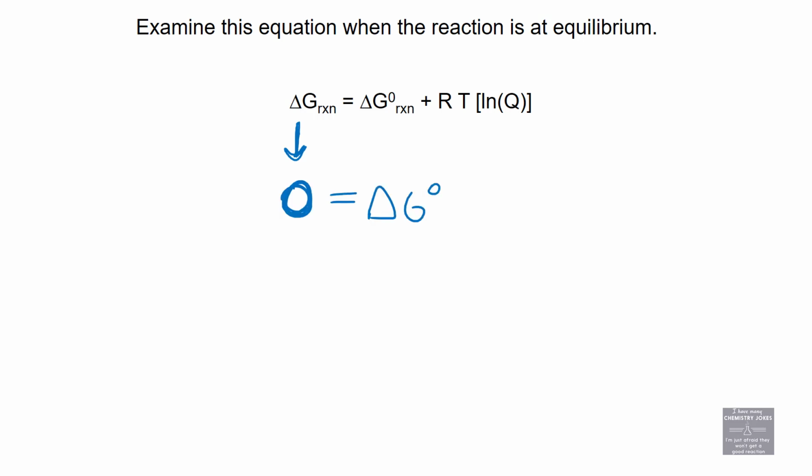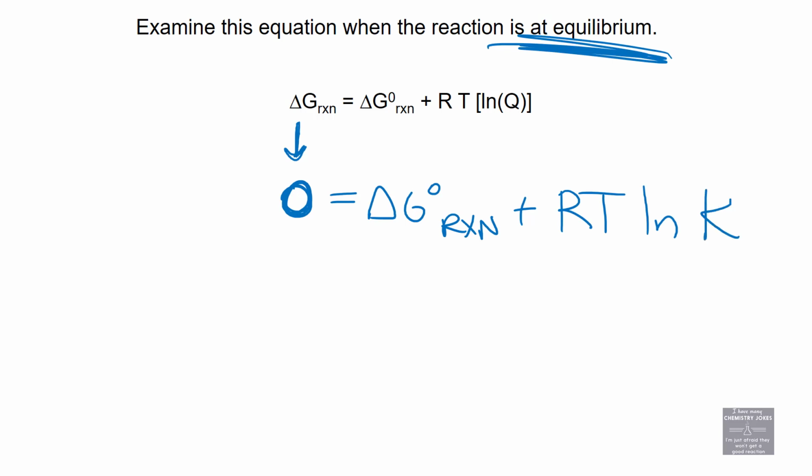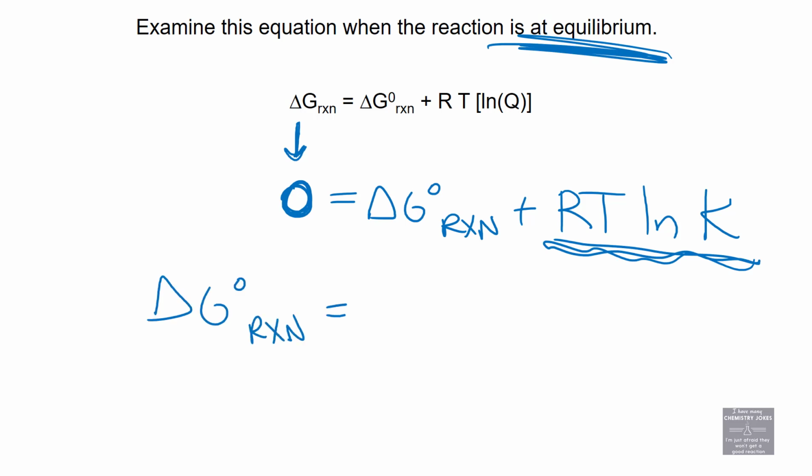So that's delta G standard of the reaction plus RT ln of, at equilibrium, we call it K instead of Q. So I can pull this to the other side of my equation, and the reason I'm going to write it this way is because it's how you'll see it more often. Delta G standard of the reaction equals negative RT ln of K.